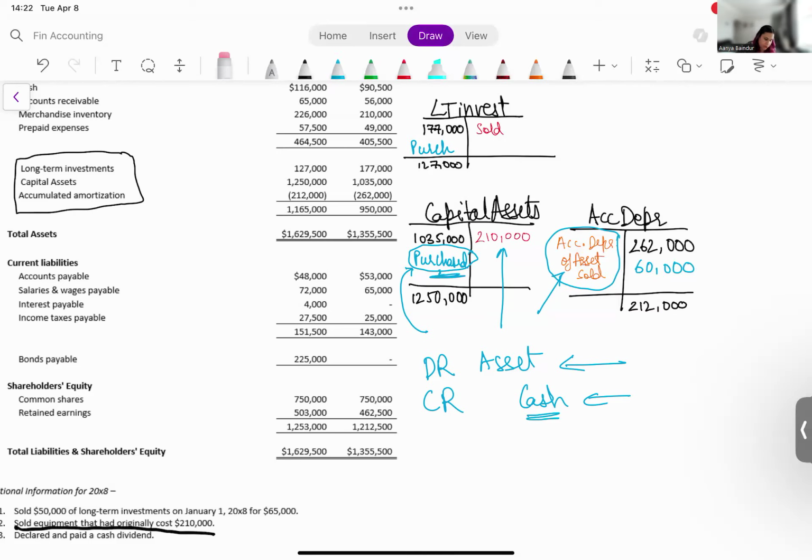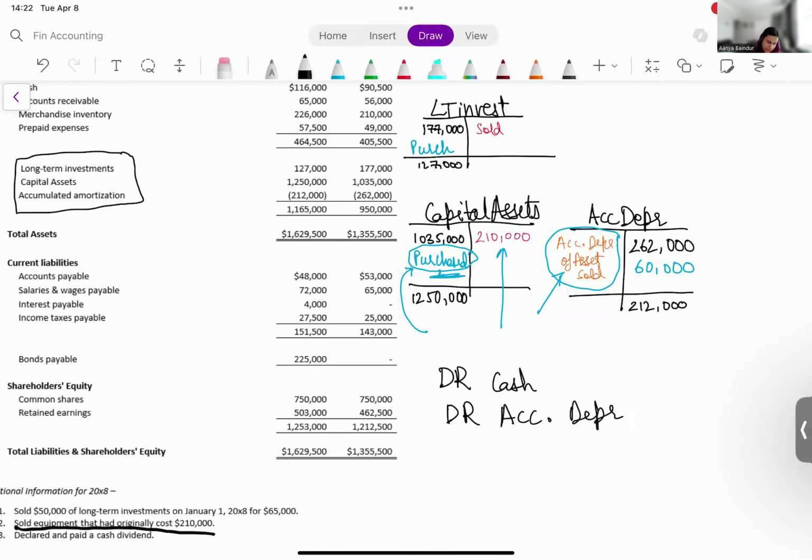But when it comes to capital assets, and when you sell these assets, remember you have 3 journal entries at that point, 4 in all. So you have your debits, you're receiving cash for selling the item. Next, you have to debit out any accumulated depreciation that's associated with it, which is this right here. Next, you have to debit any loss on sale.